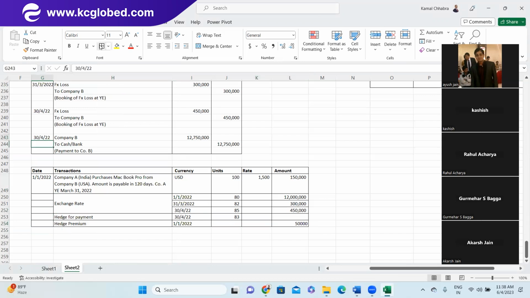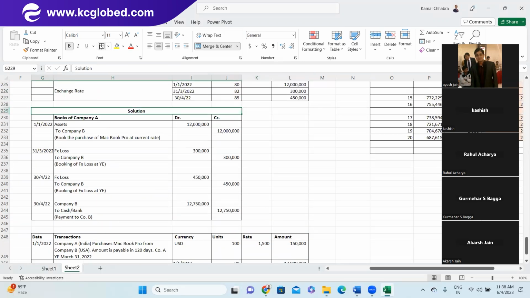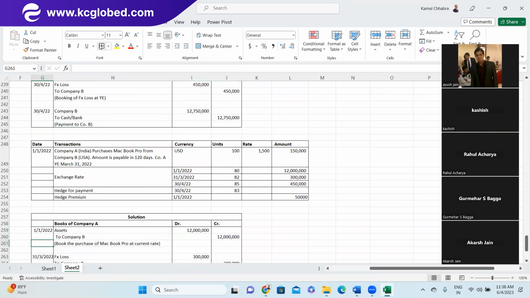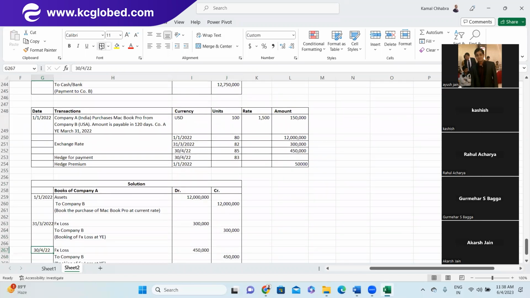Now, what will happen in this situation? Let's copy the solution also, and we'll make certain adjustments on a need basis. So first thing is the purchase of asset would be the same.